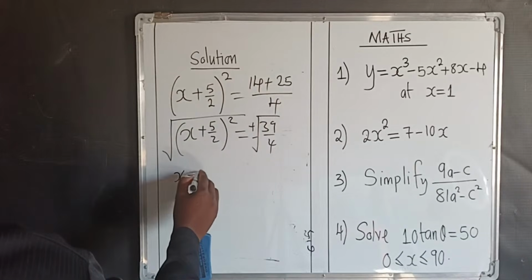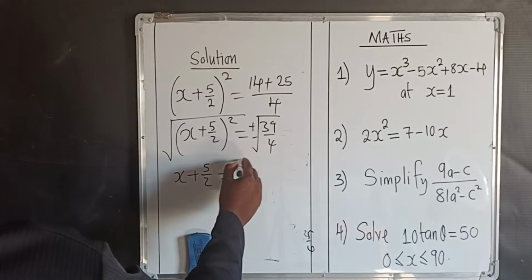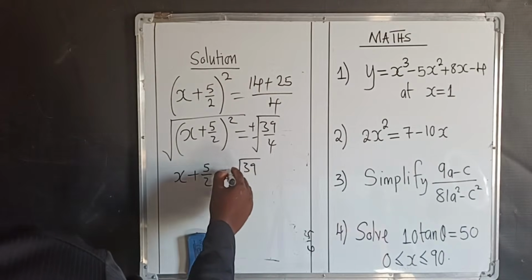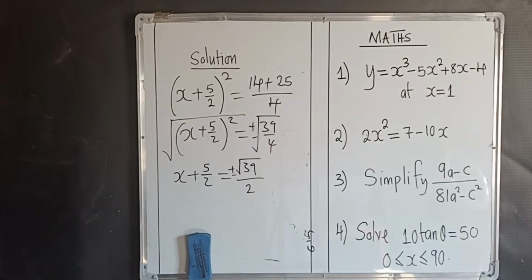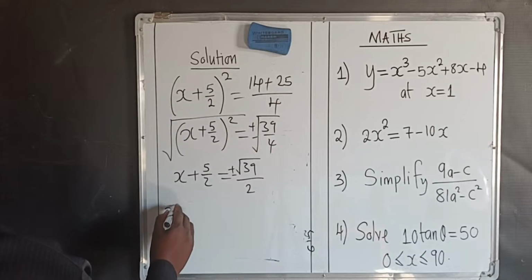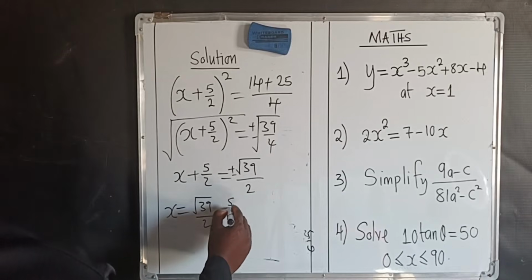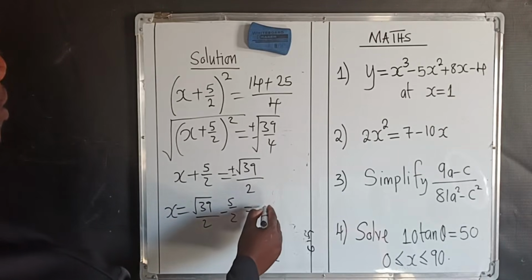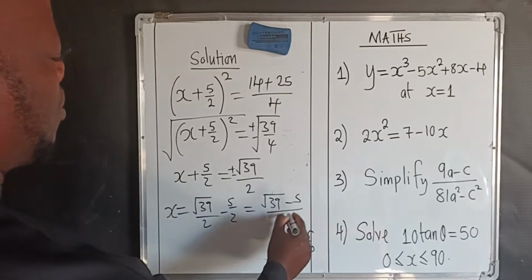So x plus 5 over 2 is equal to plus or minus the square root of 39 over 2, because the square root of 4 is 2. So the answer, x is equal to square root of 39 over 2 minus 5 over 2, which is just (square root of 39 minus 5) over 2.